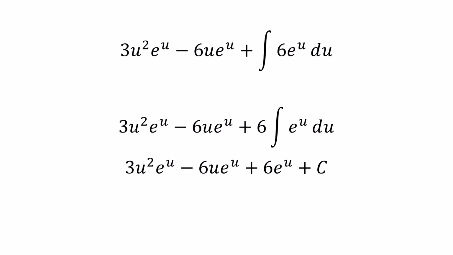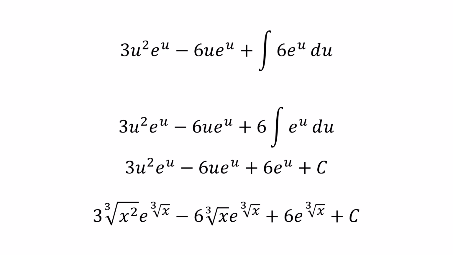Back substituting, we arrive at a final answer of 3 times the cube root of x squared e to the cube root of x minus 6 times the cube root of x e to the cube root of x plus 6 e to the cube root of x plus c.